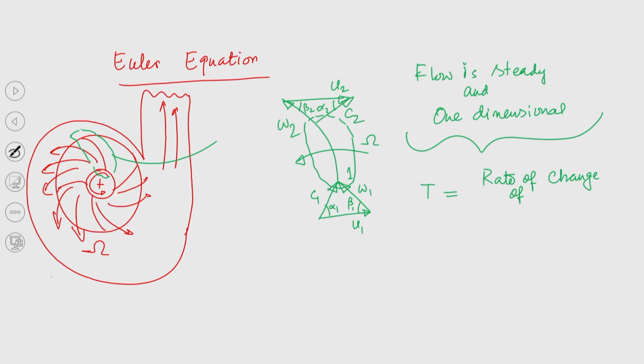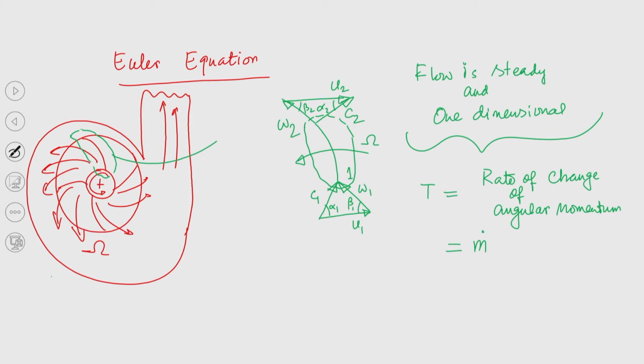Or, as I have discussed, the net time rate of efflux of the angular momentum from the control volume. Okay. So, if I now write, that is nothing but m dot, where m dot is the mass flow rate.